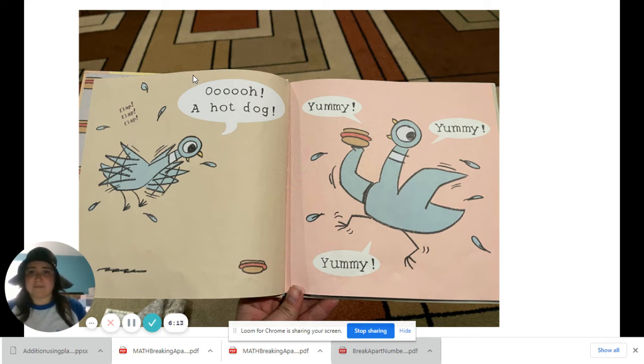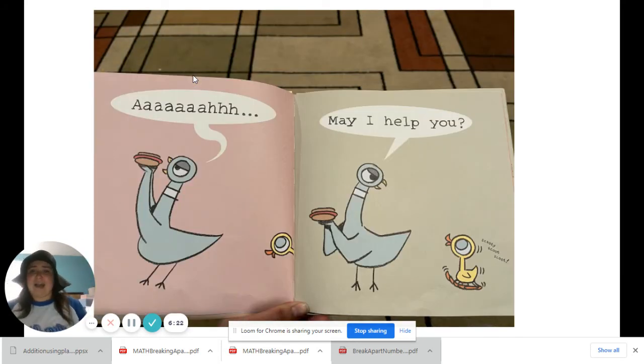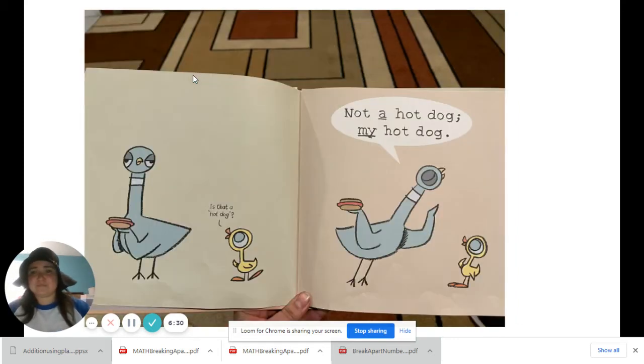Flap, flap, flap. Oh, a hot dog. Yummy, yummy, yummy. Scoot, scoot, scoot. May I help you? Is that a hot dog? Not a hot dog, my hot dog.